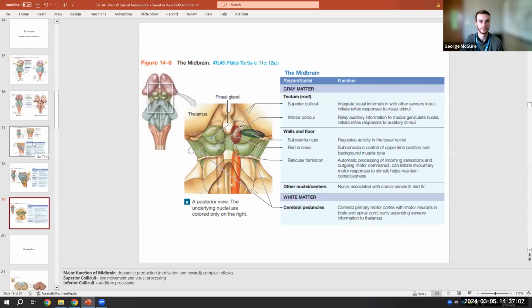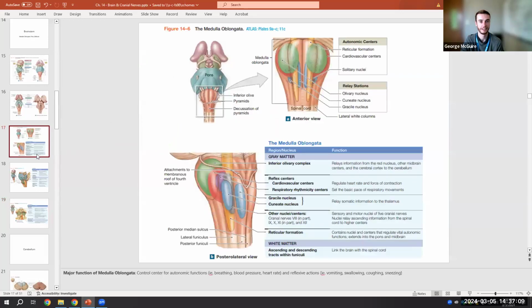Okay, so quickly backing up and reviewing that, right? This brainstem, which is composed of the medulla oblongata, the pons, and the midbrain. This is mostly related to autonomic functions because it's a very early development as far as brain is concerned.